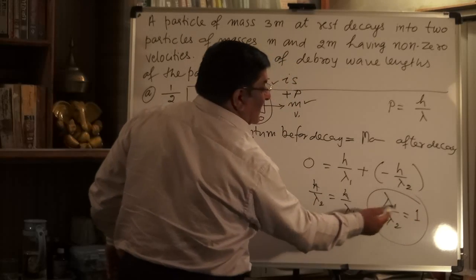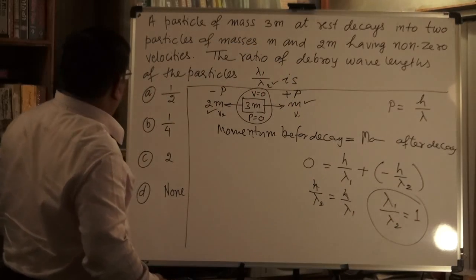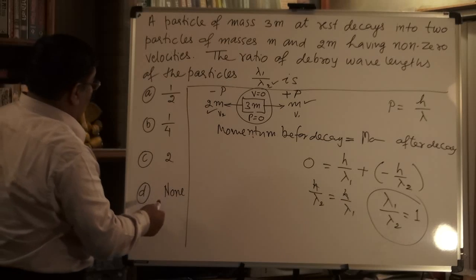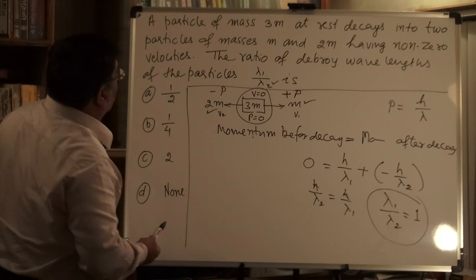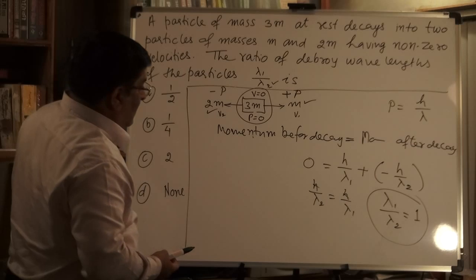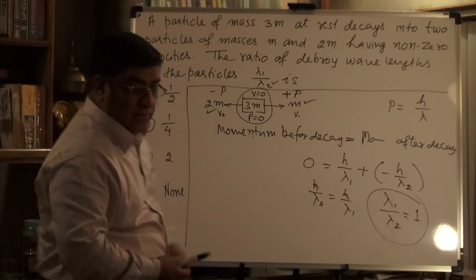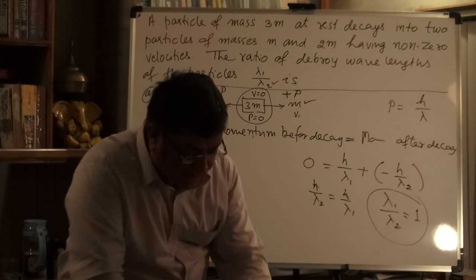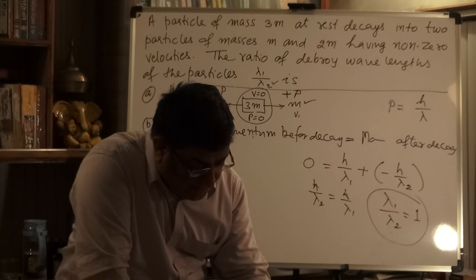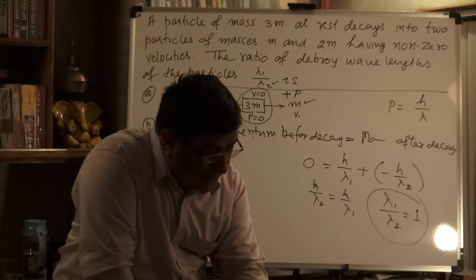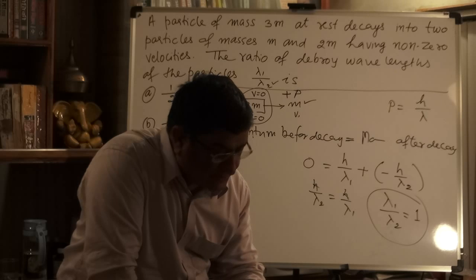Do we have such an option? That means lambda 1 is equal to lambda 2. Is there any one? Okay, none. So our answer comes to be 1. Let me see whether this answer is correct.